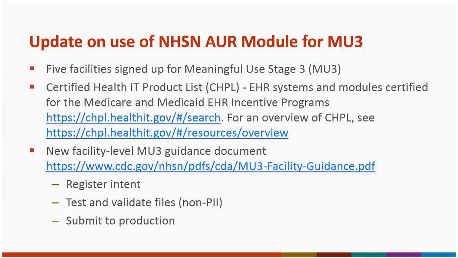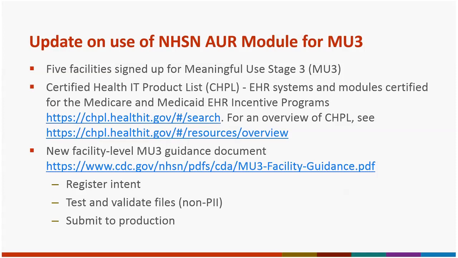I'd also like to point out we have a new document on the NHSN website for facility level MU3 guidance that is beneficial for you as vendors to review, since your facility will likely be reaching out to you for help on meaningful use.